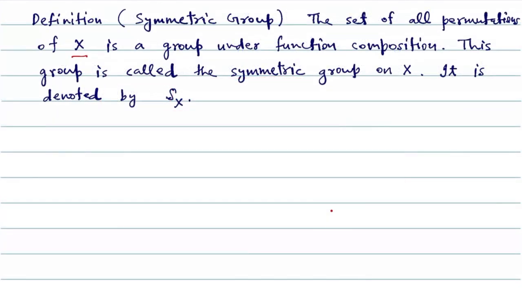We can now define the symmetric group on a set X. So let S_X denote the set of all 1-1 and onto functions from X to X. So phi is a function from X to X which is 1-1 and onto.